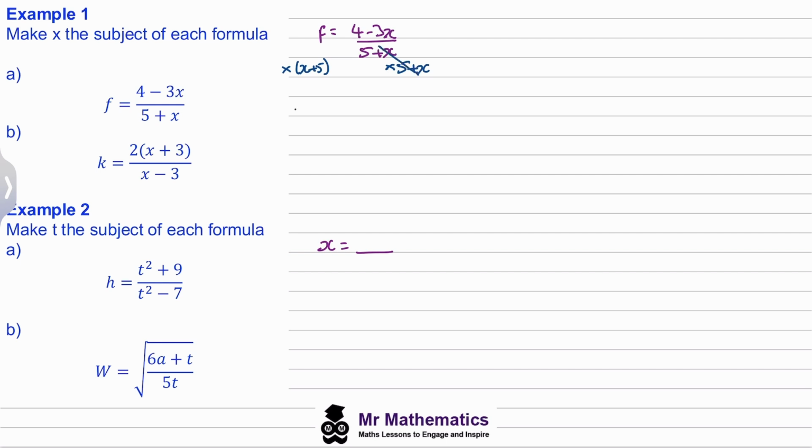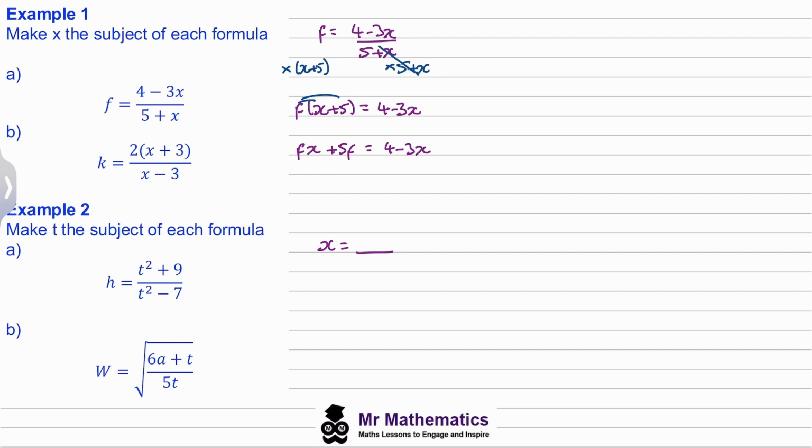So now we've got f multiplied by x plus 5 will equal the 4 minus the 3x. And then we need to expand out this bracket. So we've got fx plus 5f will equal 4 minus the 3x. And then we need to move these negative 3x's from the right-hand side to the left-hand side.